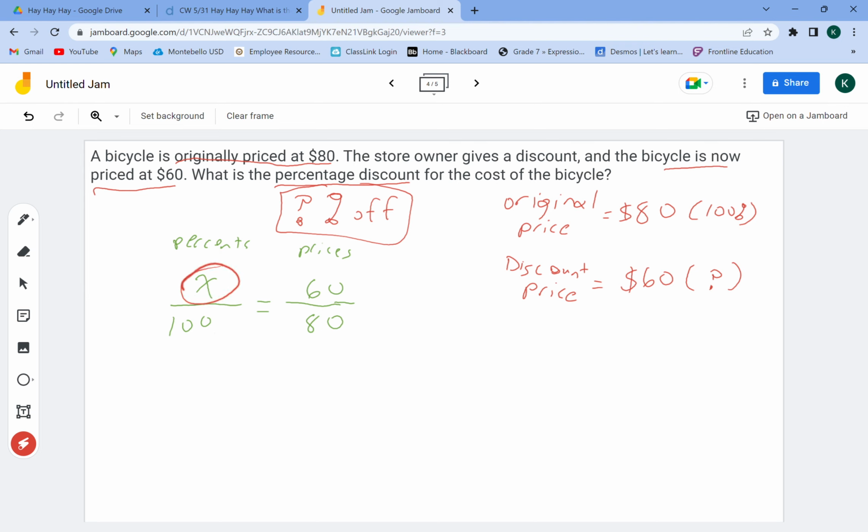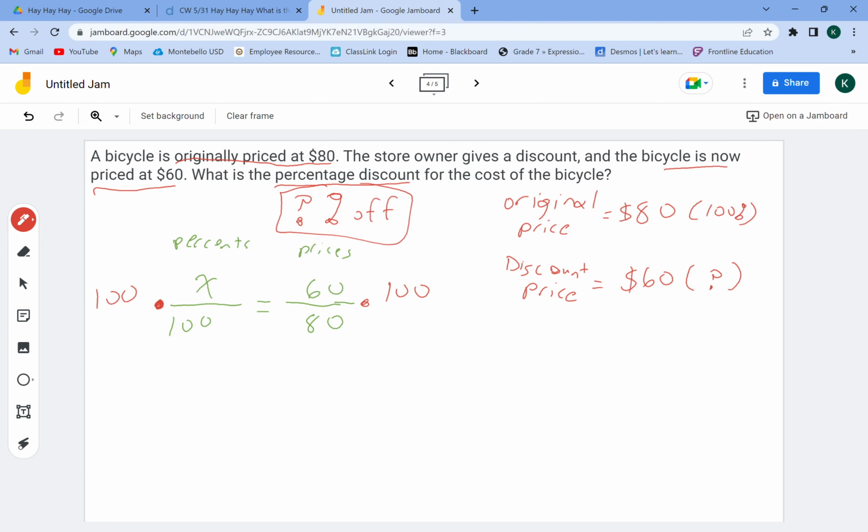Notice x is up here and it's being divided by 100. This is technically an equation, so the opposite of division is multiplication, and I want to undo this dividing by 100. So I'm going to multiply by 100, and I do that to both sides of the equation.